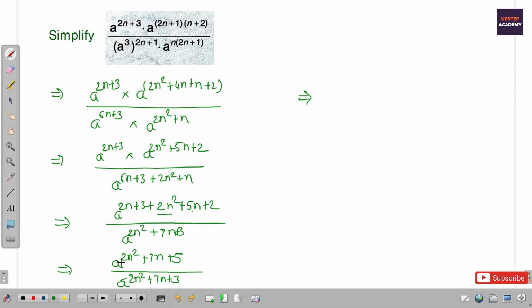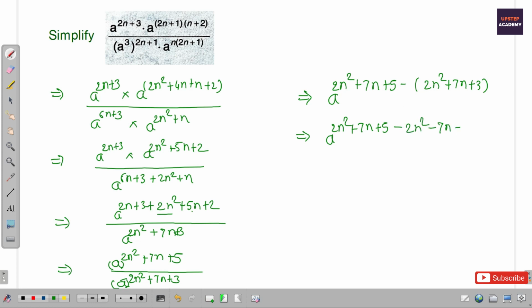As you can see, this base is the same, and these are the whole powers, so we can simply subtract the powers as they are in division. So a to the power twice n square plus 7n plus 5 minus this whole bracket twice n square plus 7n plus 3. Let me write in another step, twice n square as it is, 7n as it is, 5 also as it is, twice n square minus 7n minus 3.